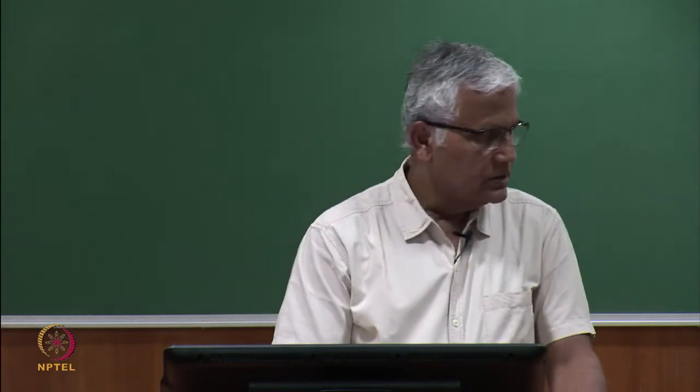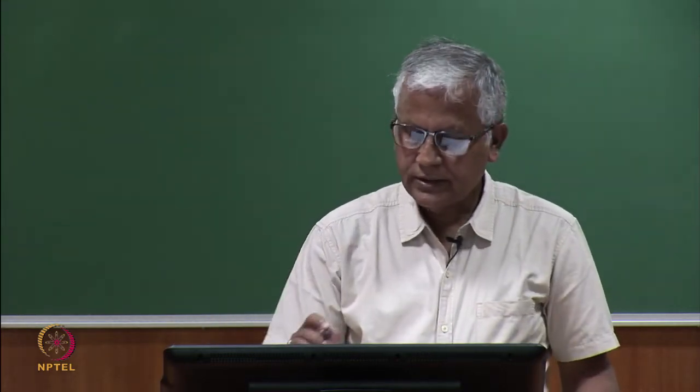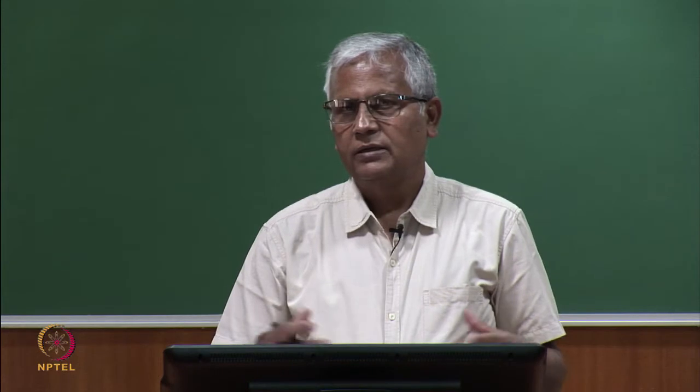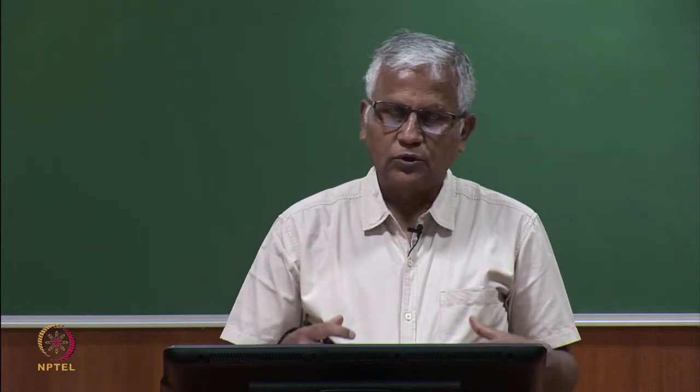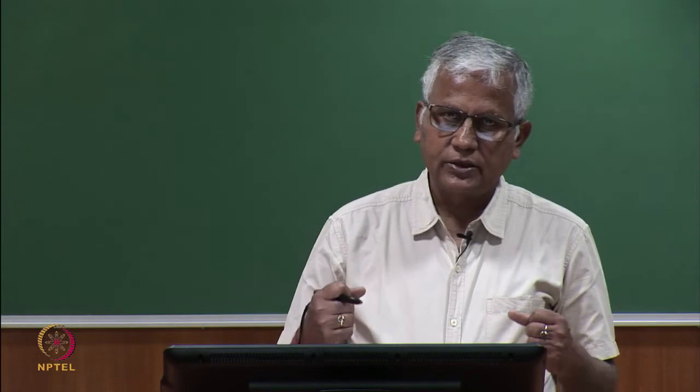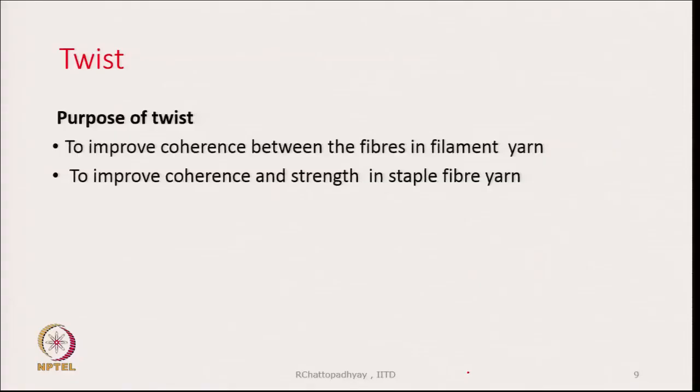that is something very special about the staple fiber yarn, where the fibers will simply slip from each other whenever there is a tensile load on them. So, twist improves not only cohesion, but also strength. For staple fiber yarn, cohesion as well as strength are equally important. Filament yarns, even if we do not have twist, will be strong, because there is continuity.